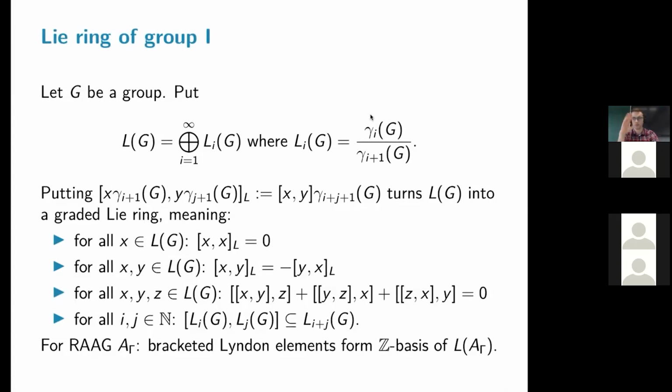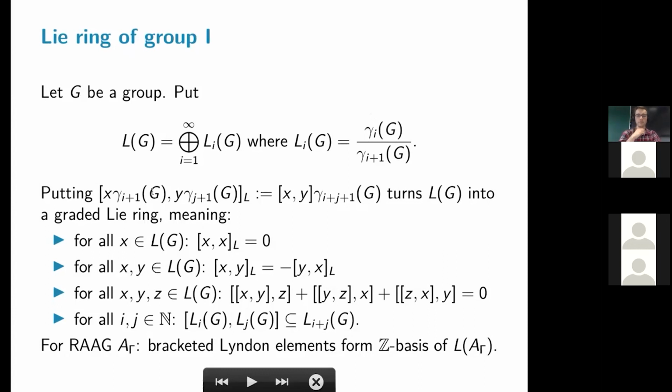They are abelian, and let's assume that they are abelian of finite rank. Then you can put all of them together with an infinite direct sum. You call this L(G), and then we can put on this the structure of a graded Lie ring. So we put a Lie bracket on it. We define it on each L_i, and then extend it by linearity.